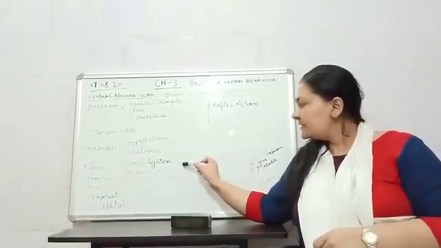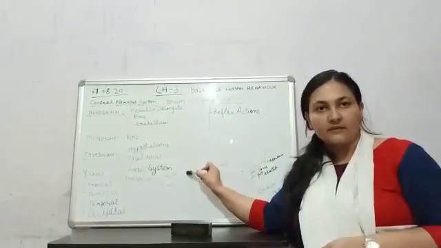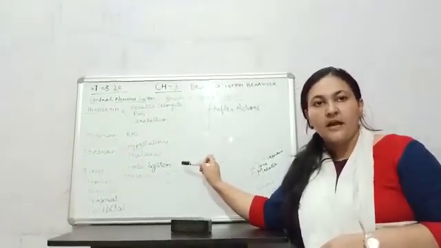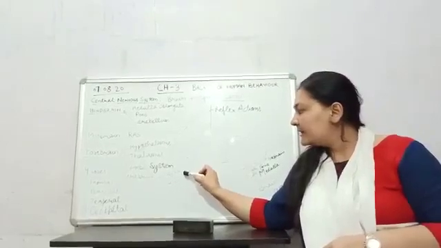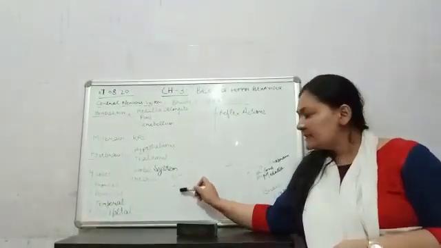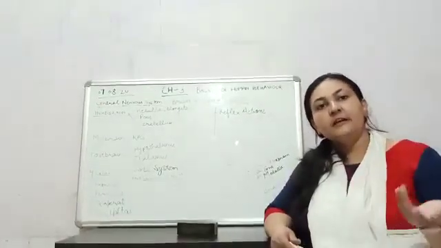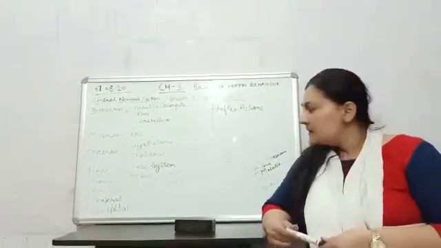The right hemisphere controls abstract thinking, which includes spatial relationship, pattern recognition, and other kinds of creative activities, whereas the left hemisphere controls language and behavior related to different languages.